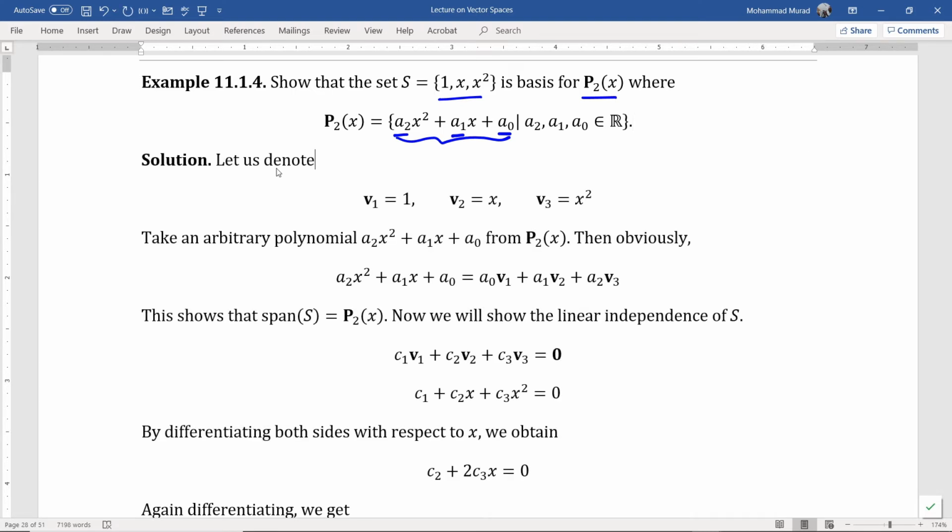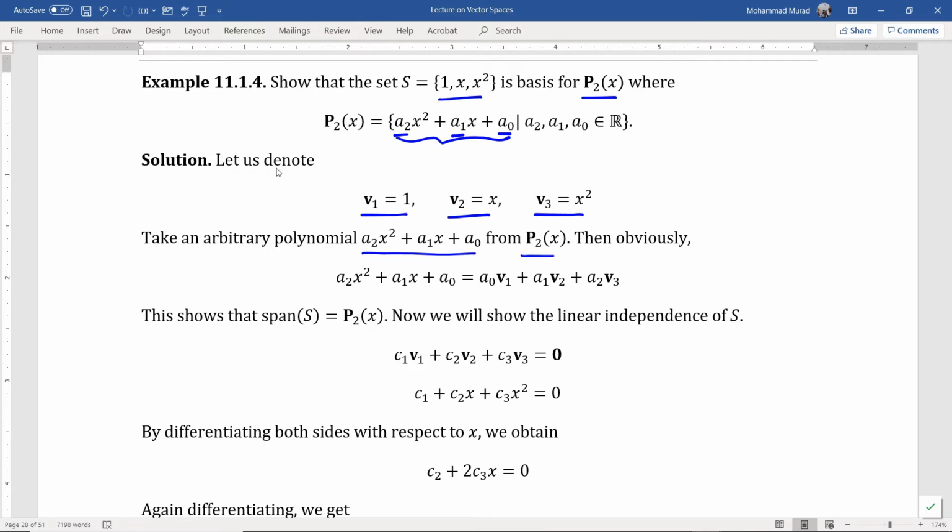Let's denote v sub 1 equals 1, v sub 2 equals x, and v sub 3 equals x squared. Now we take an arbitrary polynomial, a sub 2 x squared plus a sub 1 x plus a sub 0, from the vector space P sub 2.